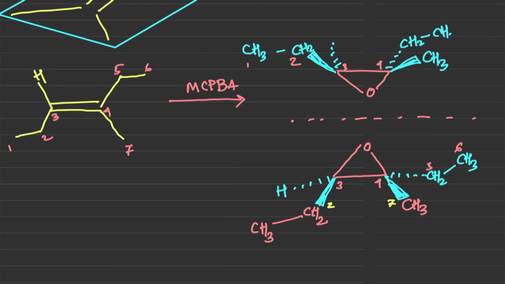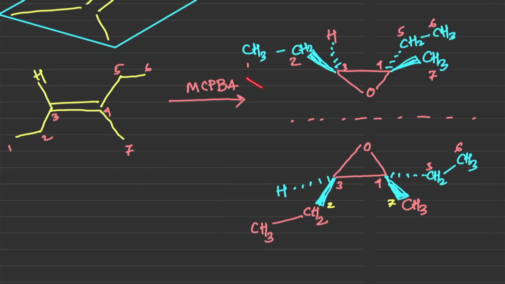CH2, CH3, so this is your 5. And this is the 7. So you notice our 1 and 2 are on the same side. So we are basically drawing the mirror image of this structure on this particular plane. And the last thing I forgot was hydrogens right here. Okay, so you can have two structures on this one.